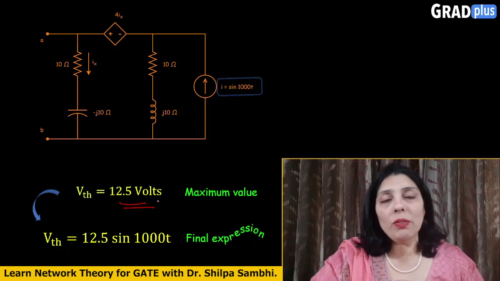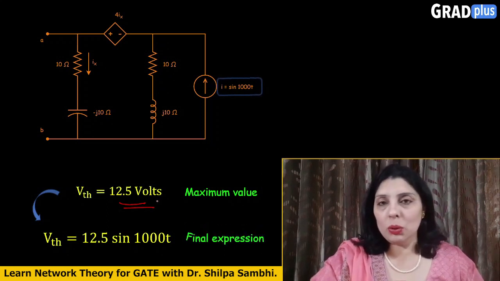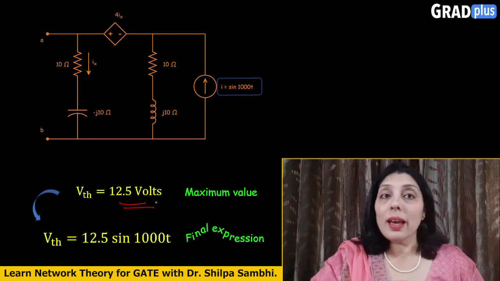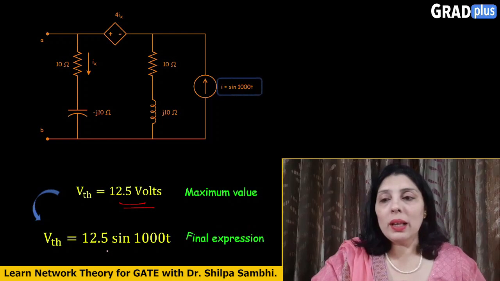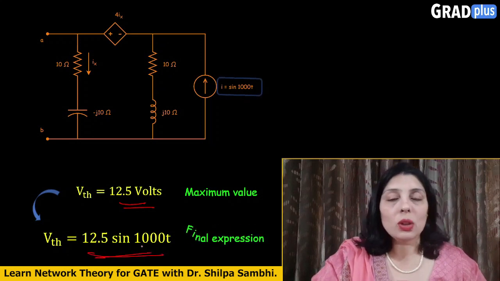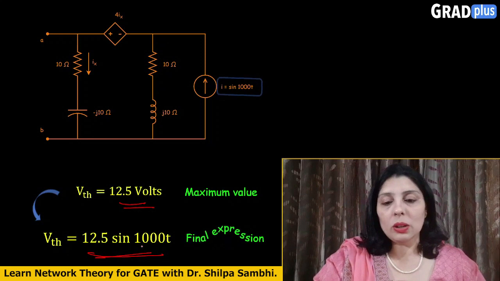Now this 12.5 volts is the maximum value of the voltage source. So you have to put it in expression form, and the final expression will now become 12.5 sine of 1000t. So this is the final expression for the Thevenin's voltage.